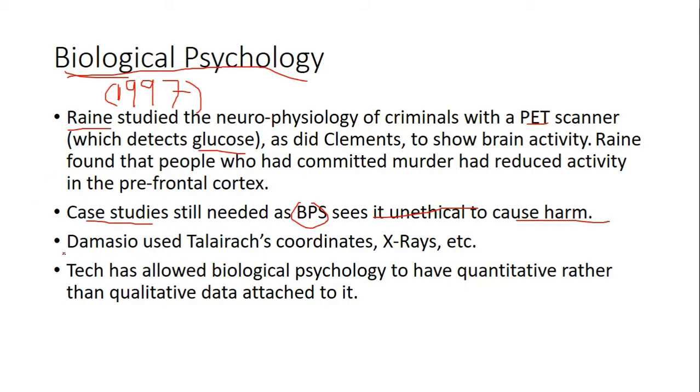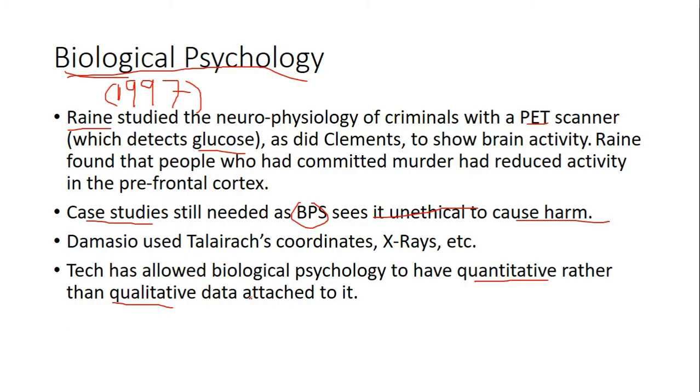Damasio, if you remember, 1994, used Talairach coordinates, so that's the 3D imaging. They used X-rays, etc. And technology, you'll probably be asked about technology, has allowed biological psychology to have quantitative rather than qualitative data attached to it. This makes it more objective, because with quantitative numbers, you can't argue with numbers.